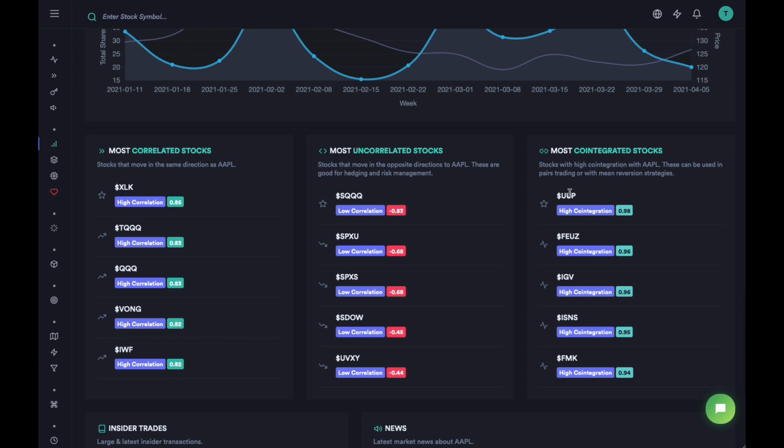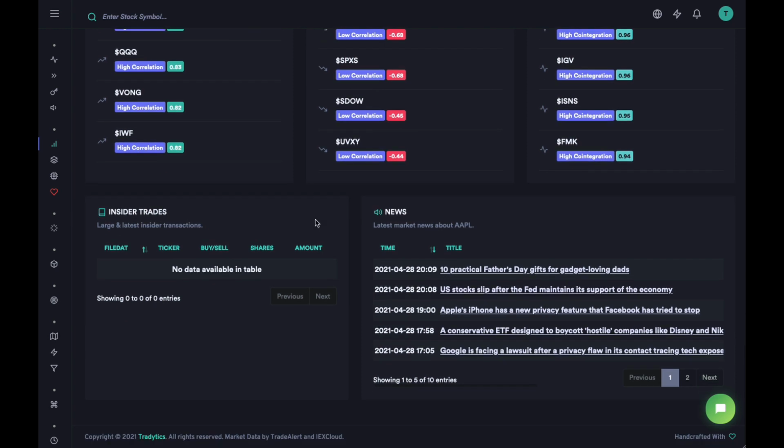And the way we want to use this is that if that distance ever increases or decreases significantly, then the distance is going to revert back to how it used to behave in normal conditions. So if there is any anomaly in that distance, then we want to take advantage of that anomaly and buy and sell these stocks to profit. I'll go deeper into how to use co-integration values to find good mean reversion plays, but that's a topic for some other video. Then at the end we have insider trades, and then we have news.